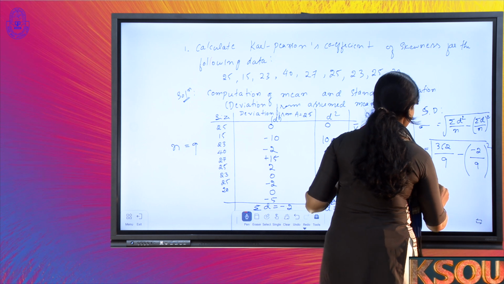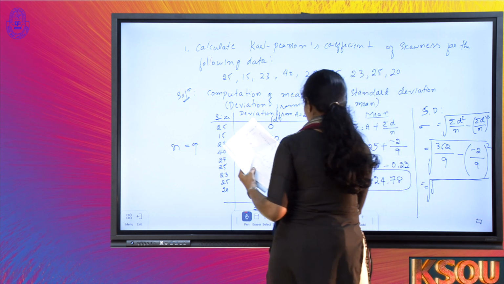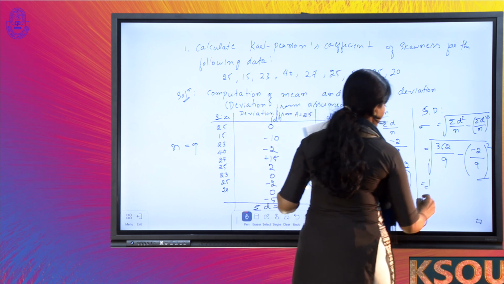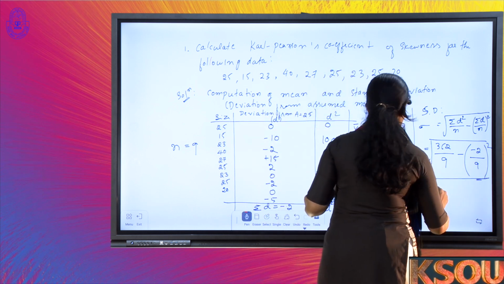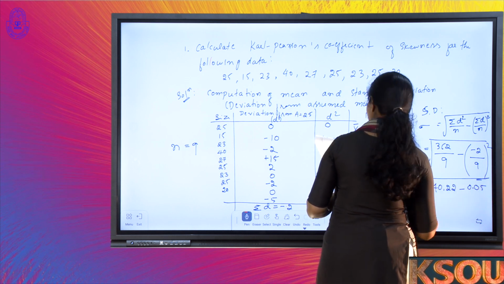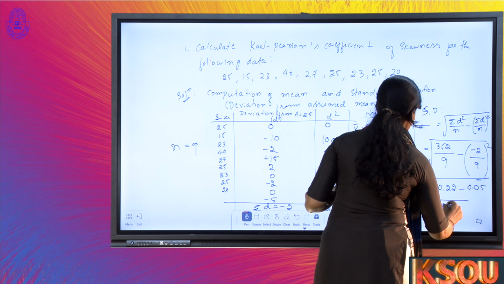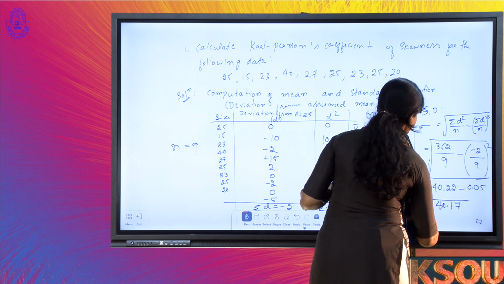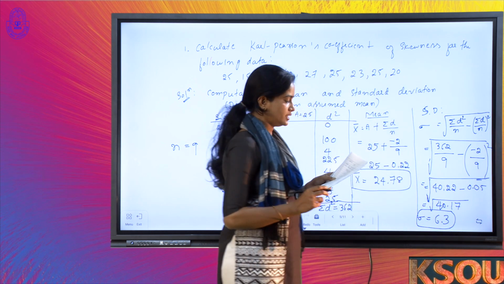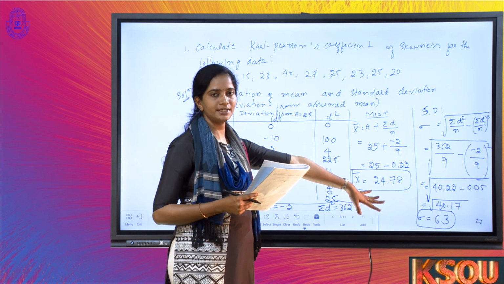Then you will have to get 40 plus 22 minus 0.05. So, that is 40.17. So finally you will have to get standard deviation value, that is sigma value, is 6.3. Like this you will have to calculate the mean and standard deviation value.